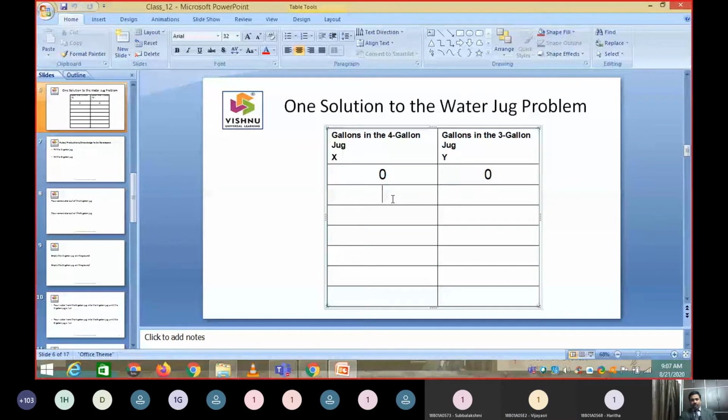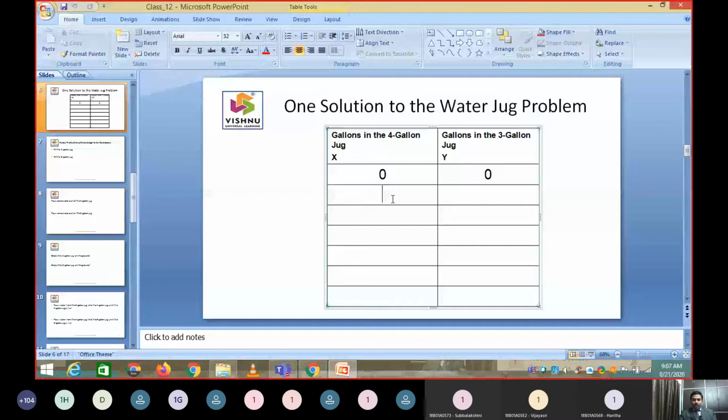So yesterday what I did is, I can fill this 3 gallon jug and I can pour the water from the 3 gallon jug to the 4 gallon jug. This is possible. Then nothing was left in the 3 gallon jug because we poured the water into the 4 gallon jug.